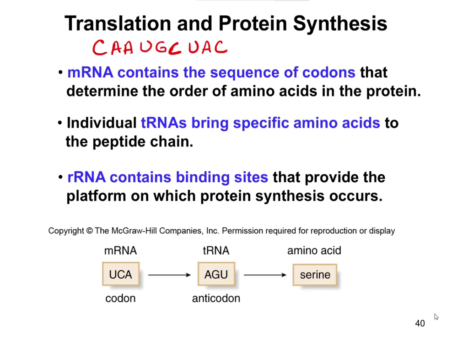In this particular case, this would be your first codon, CAA, then UGC, then UAC. So you move from set of 3 to the next set of 3.